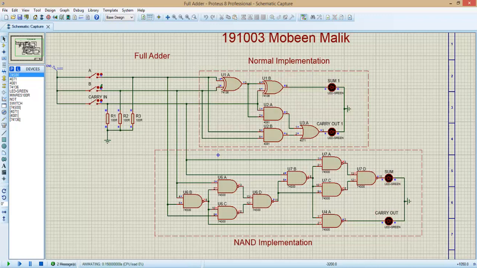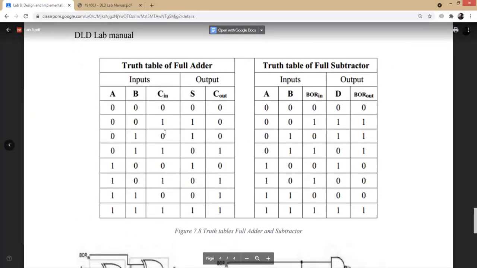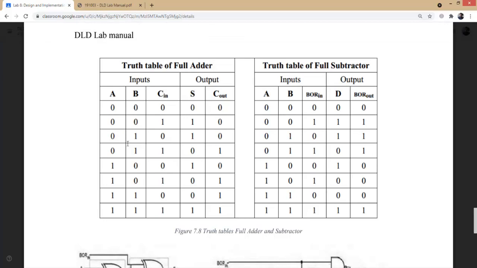Now if I run the circuit, let's verify. 0 plus 0 plus 1 is equal to 1, and without any carry. 0 plus 1 plus 0 is equal to 1 without any carry. Now 0 plus 1 plus 1 is equal to sum 0 with a carry 1, as you can see from this truth table.